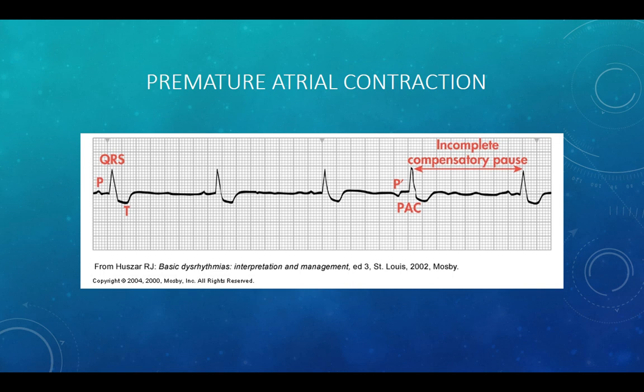And if you look at the QRS of this one, the QRS is the same because it's still coming from the right direction, but there's an incomplete compensatory pause. Okay, so that's a little bit of a spread out there because the atria has to repolarize to get you going again.